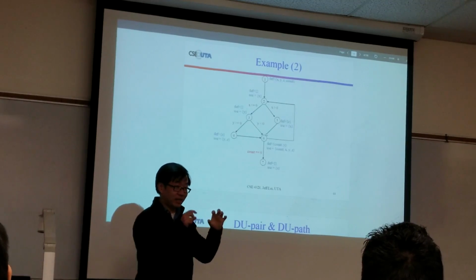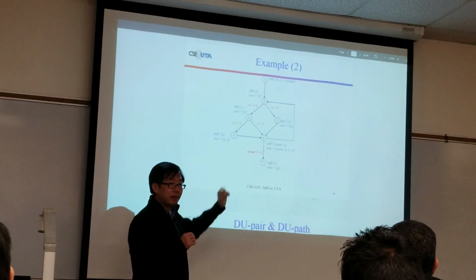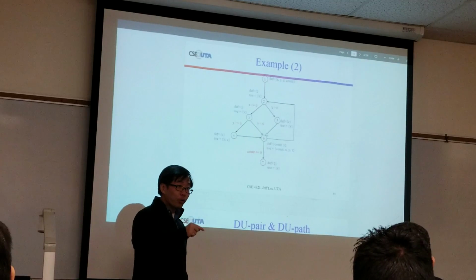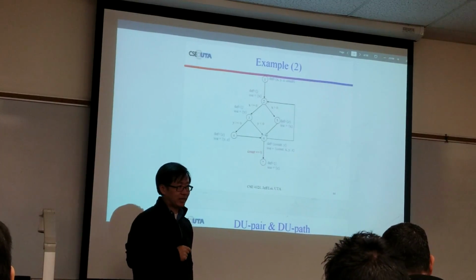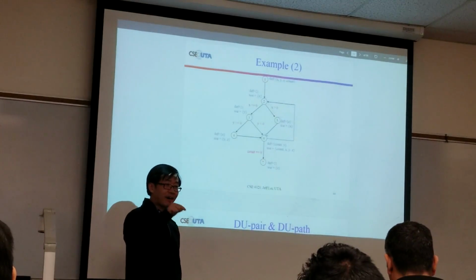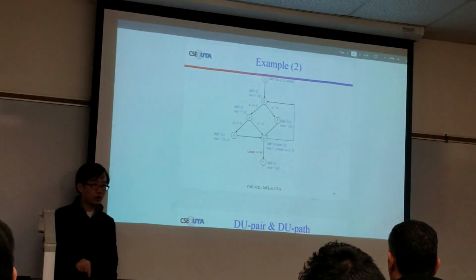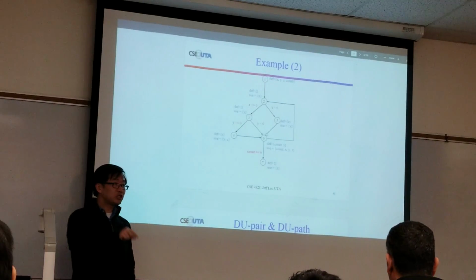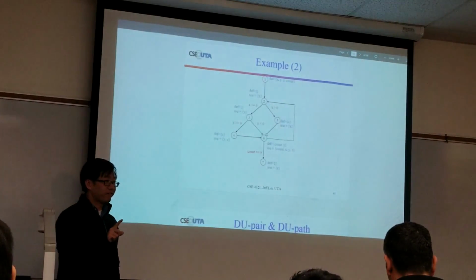So basically, in the same basic block, you both define and use x, y, and count as well. In this case, we have to look at the code to see which one occurs first.